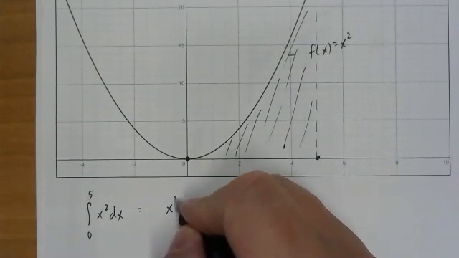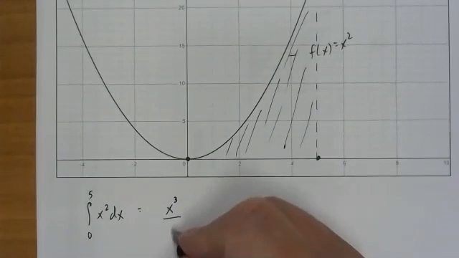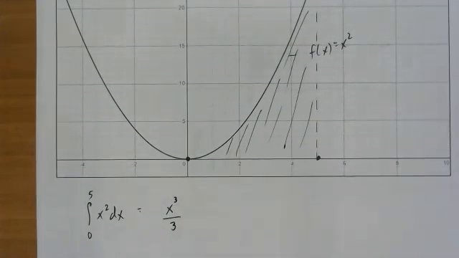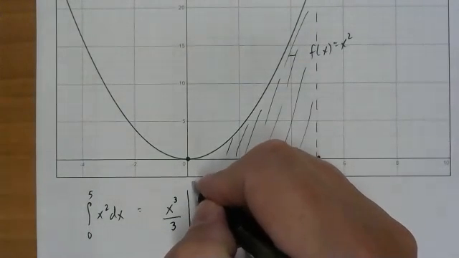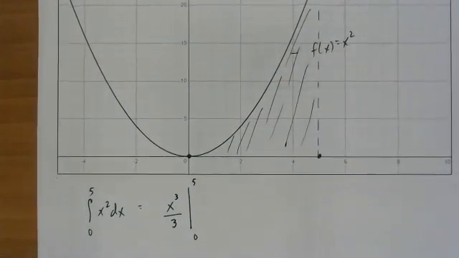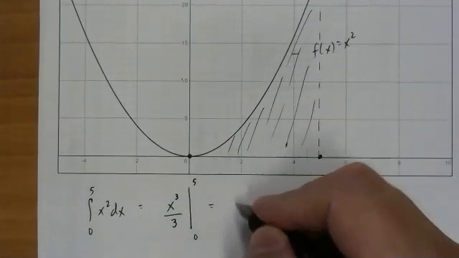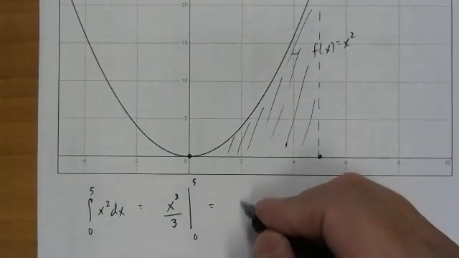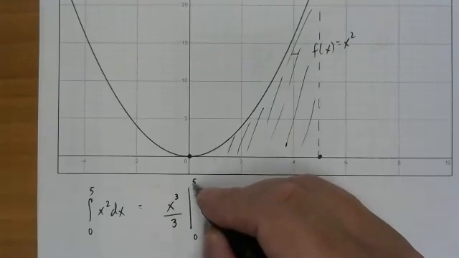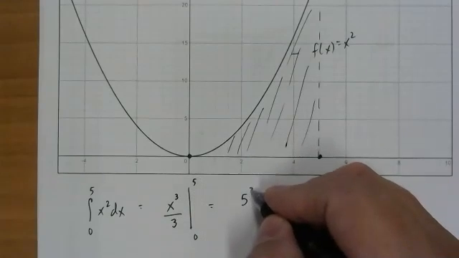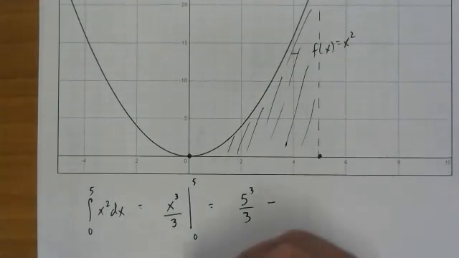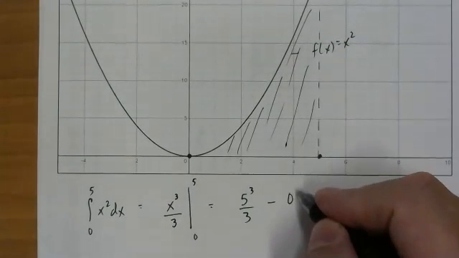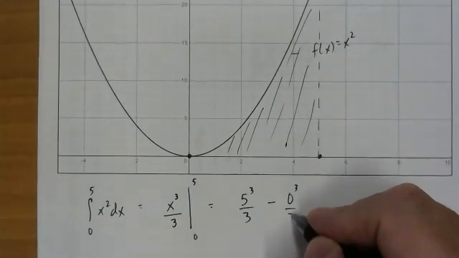You add 1 to the exponent, put the new exponent on the bottom, and we're going to evaluate that from 0 to 5. So you put in the top number for x, and then you subtract when you put in the bottom number for x.